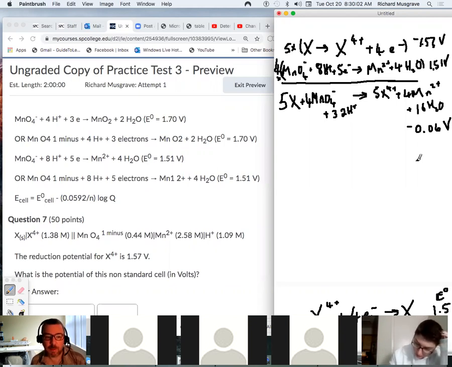It's possible, though, that in non-standard form, it might actually be spontaneous. This negative could turn into a positive as long as the equation works out. You'll notice I do quote the equation down here as well. Does anybody have any questions so far about what I'm doing?